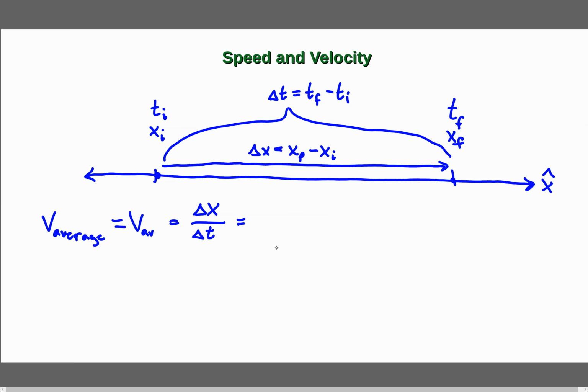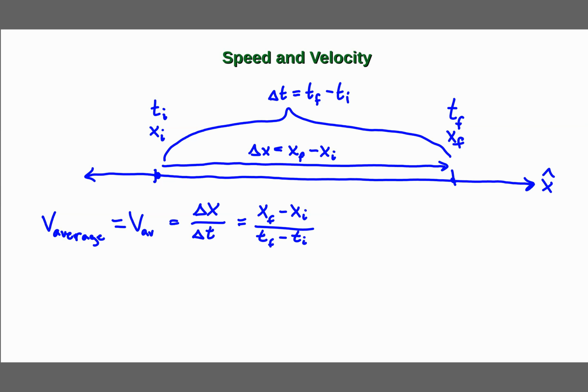And this is equal to x final minus x initial over t final minus t initial. The magnitude of this vector is going to be the speed.